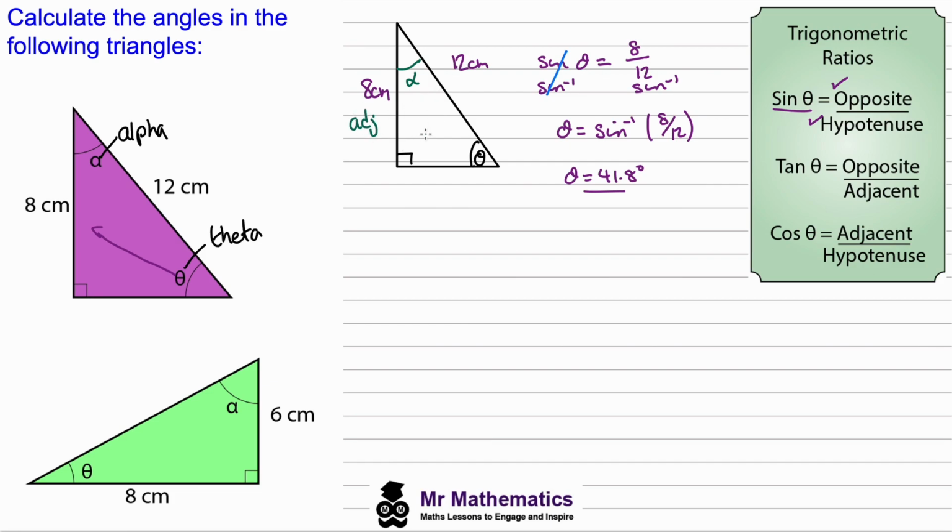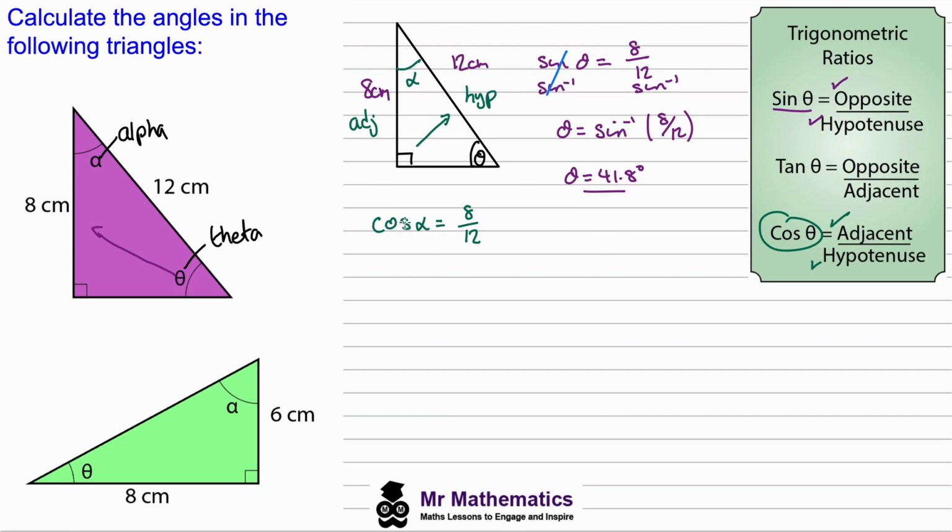The 12 centimeter length is again opposite the right angle, so this is the hypotenuse. To work out alpha, we have the adjacent and the hypotenuse, so we're going to use cos. So the cos of the angle alpha will be equal to the adjacent length, 8 centimeters, over the hypotenuse, 12.